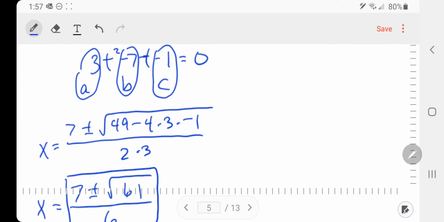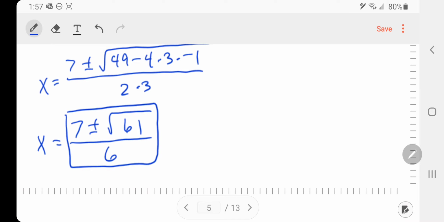So when I said x, this is actually t. t equals. All right, so t is approximately 2.468.